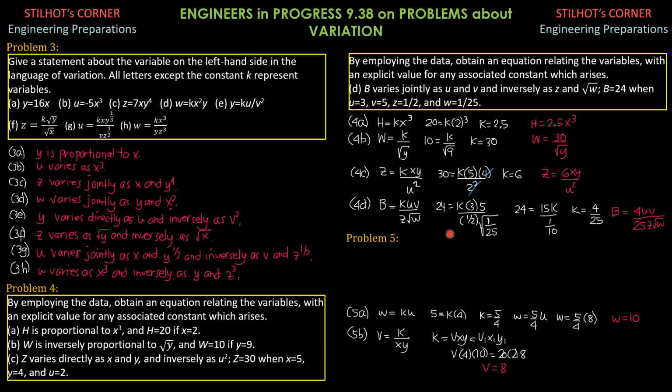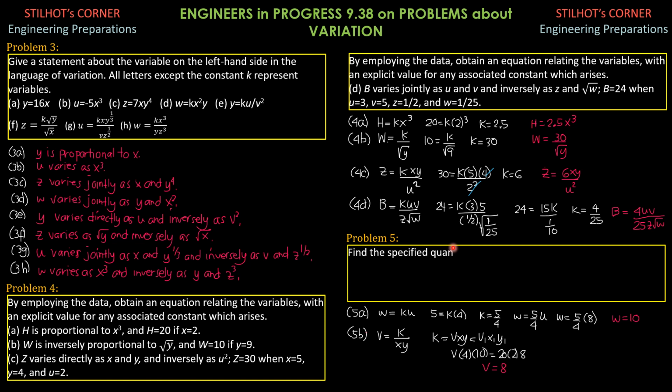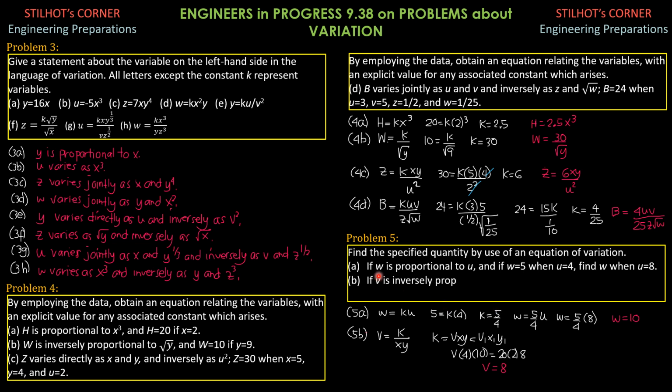Then problem 5, find the specified quantity by use of an equation of variation. So this time we determine the specified quantity in these problems. If W is proportional to U, and if W is 5 when U is 4, find W when U is 8.